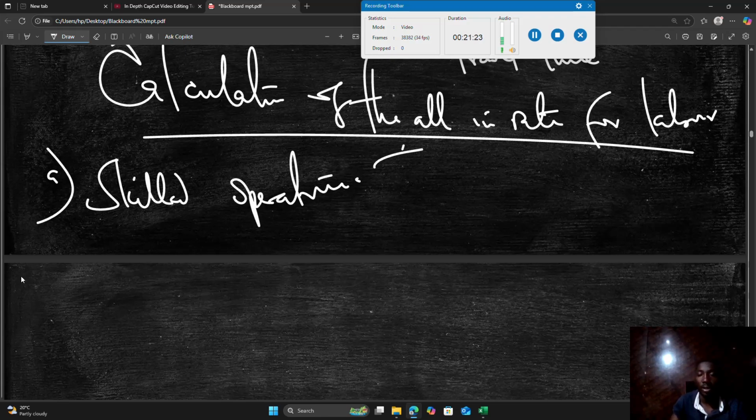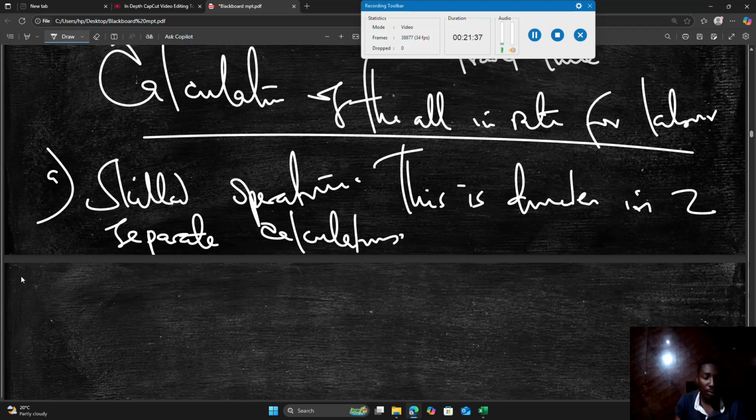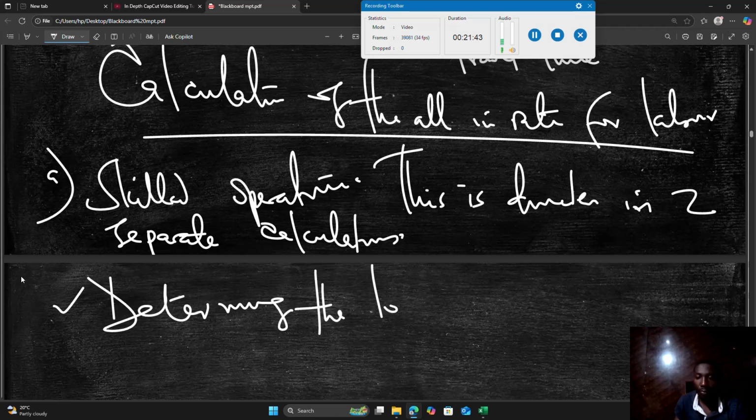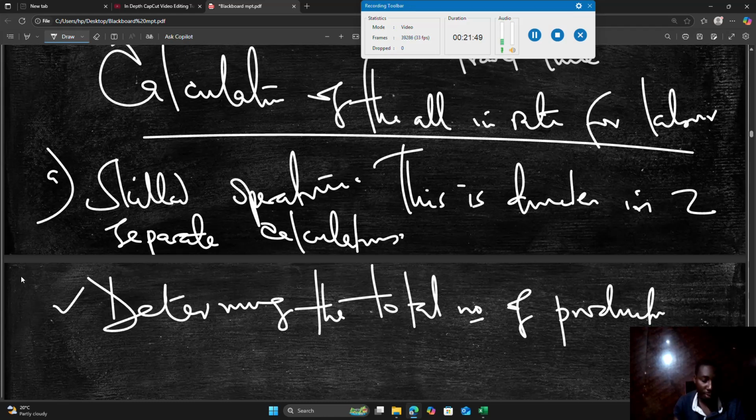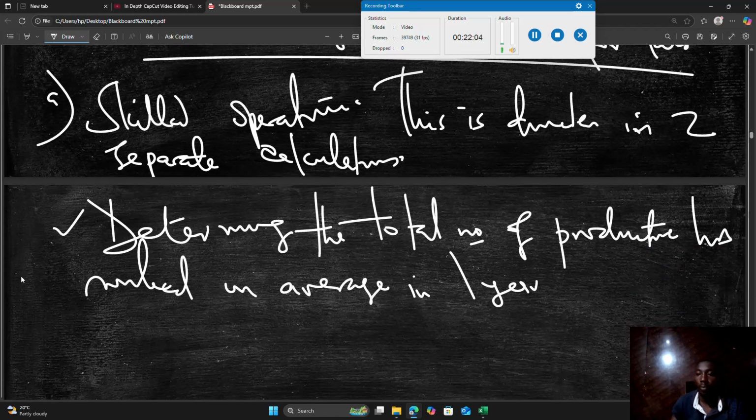This calculation is divided into separate calculations. One, determining the total number of productive hours worked on average in 1 year by an operative on site.